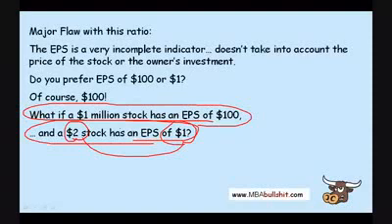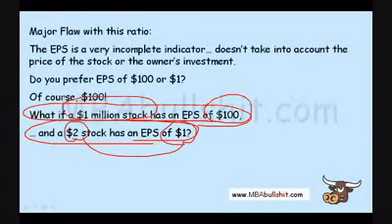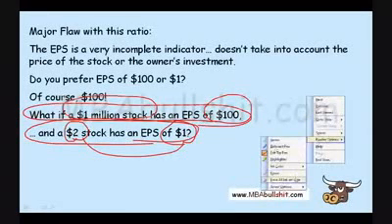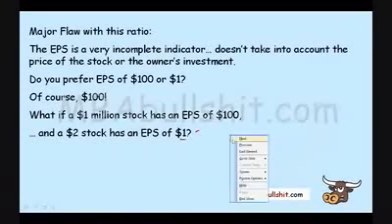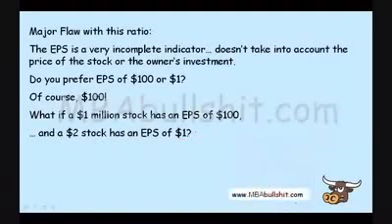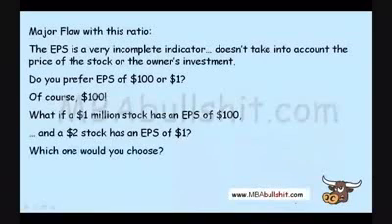But in this first case, sure, you get $100 in earnings, but you had to pay $1 million for that share of stock. So it's a much better deal to get this one, even if it has a lower earnings per share. So obviously we choose the second one.